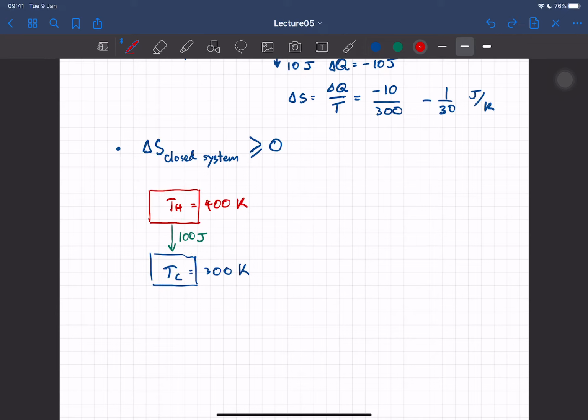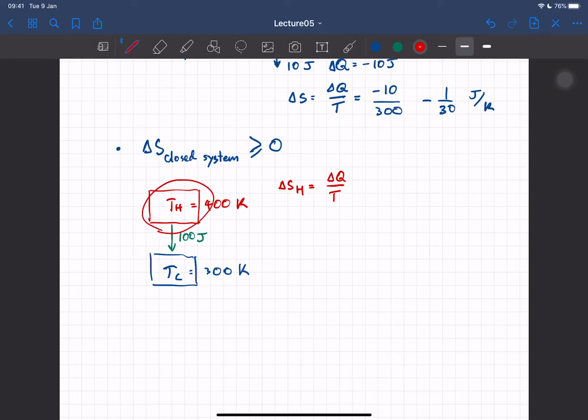So the change in the entropy of the hot part: from the point of view of the hot part, it is losing heat. So delta Q is negative, which is the same as what we had earlier. So delta Q divided by temperature. What temperature do we use here?